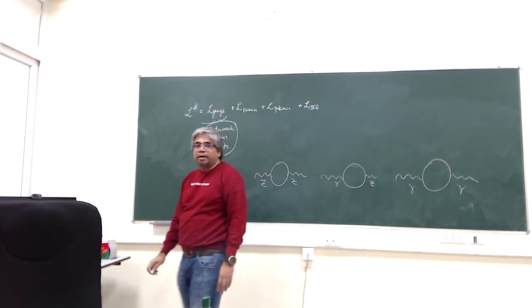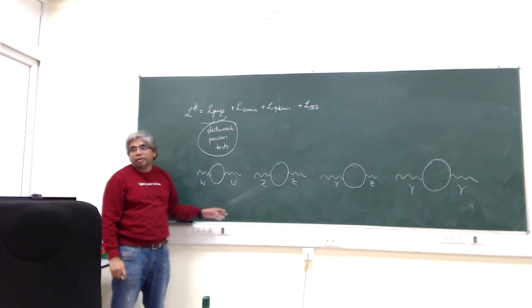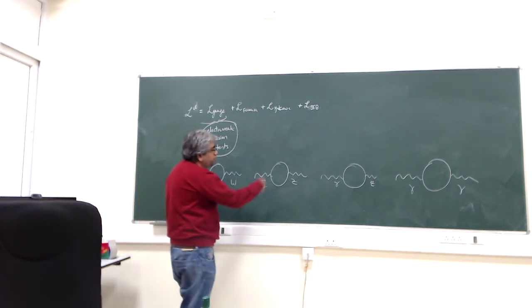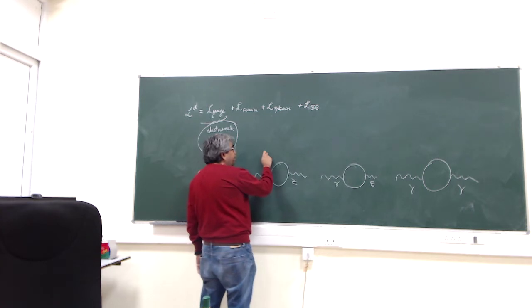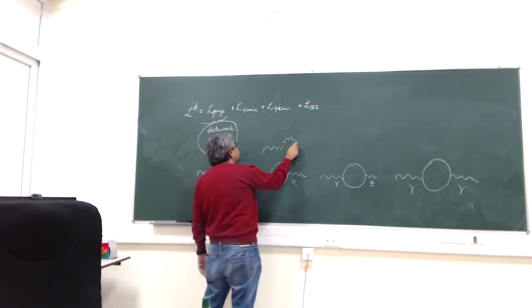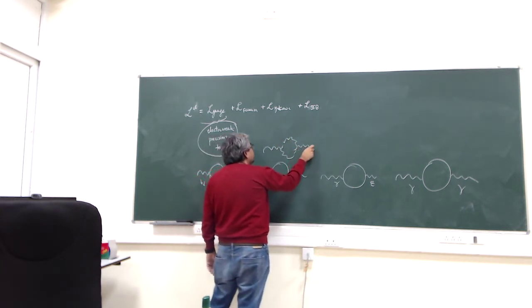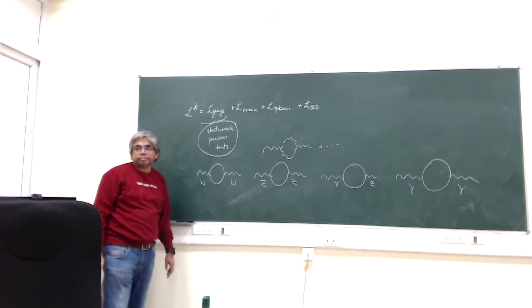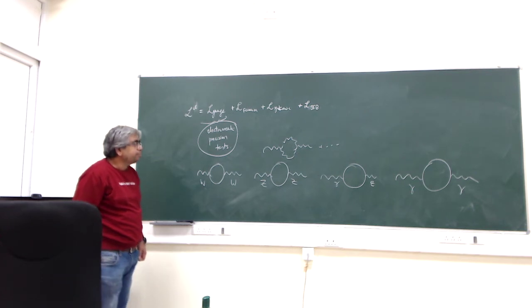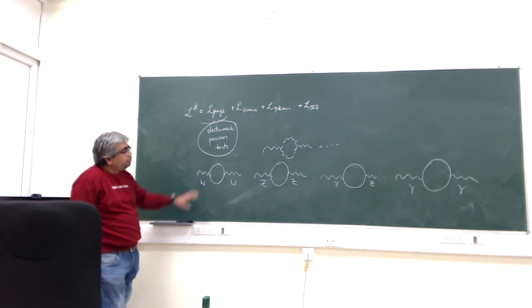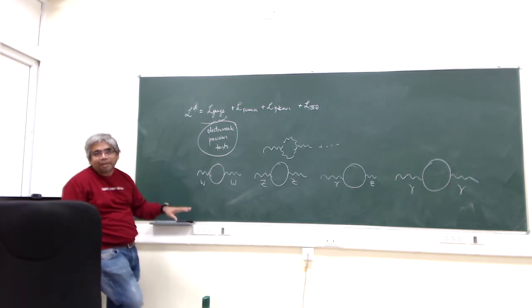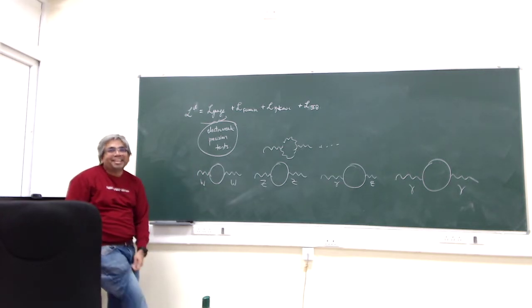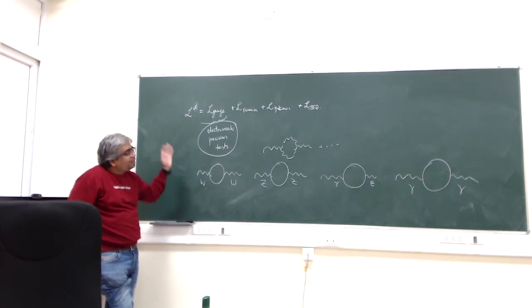I wrote down only 4 diagrams, but you can also have diagrams which involve other gauge bosons. So I wrote the fermion contribution. We'll come to why I chose the fermion contribution, because I am biased towards BSM physics. Otherwise, you would have to write down all possible diagrams.